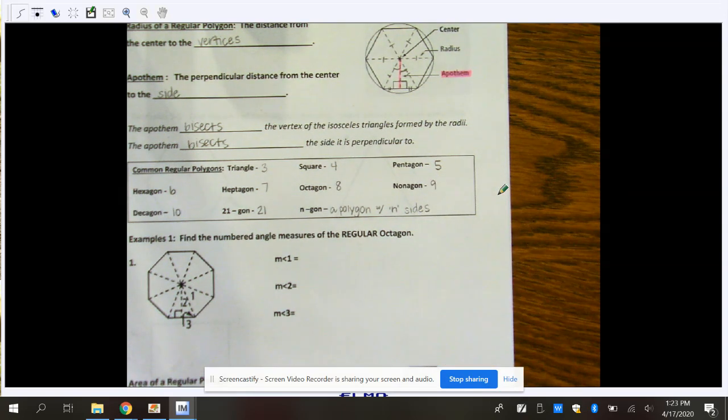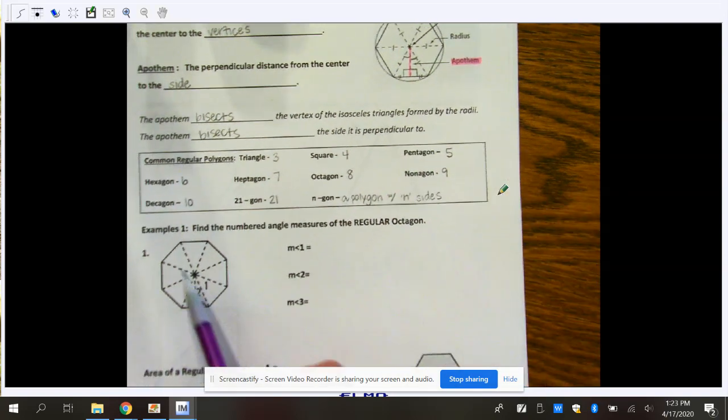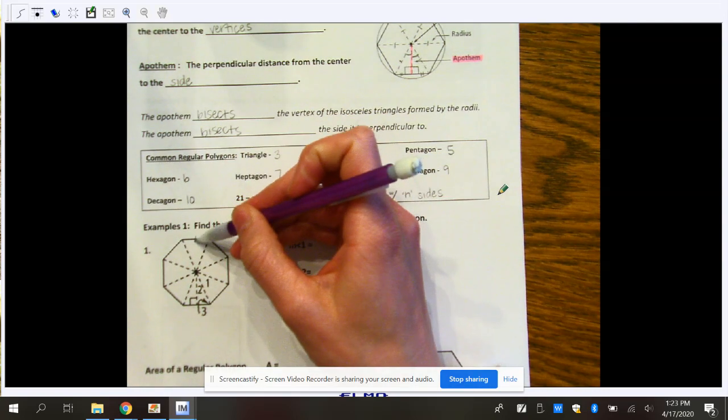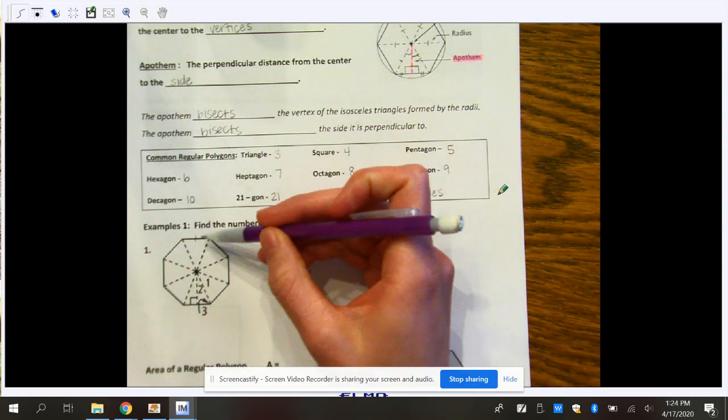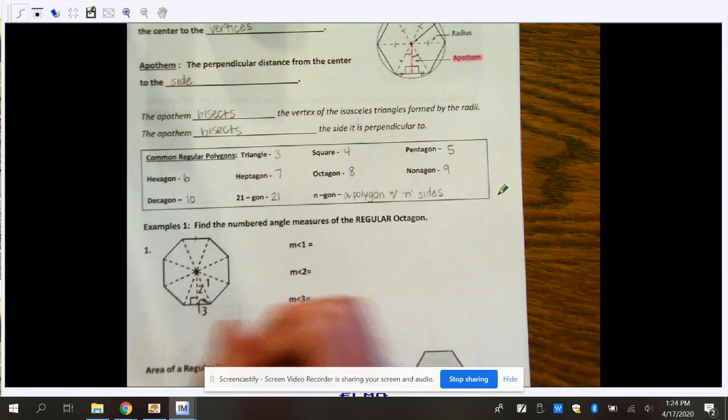All right, so before we get to the area part, I want to work through how we figure out the angles within our polygon. And so first you need to figure out how many sides you're working with. So if I start here, I always kind of mark the side that I start with. So 1, 2, 3, 4, 5, 6, 7, 8.